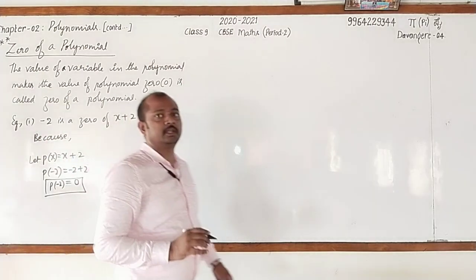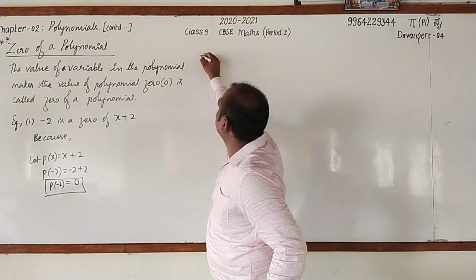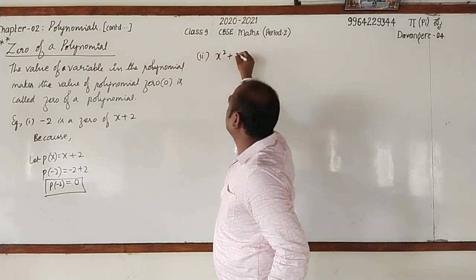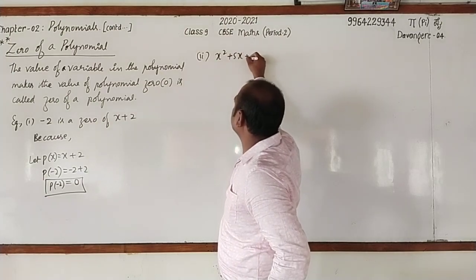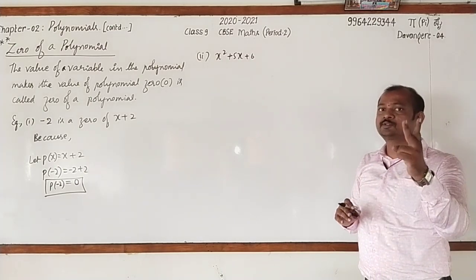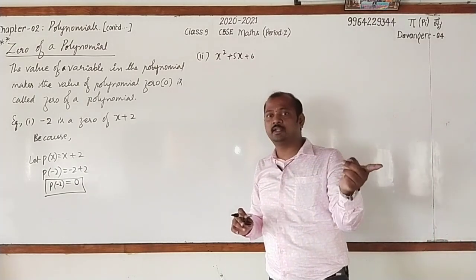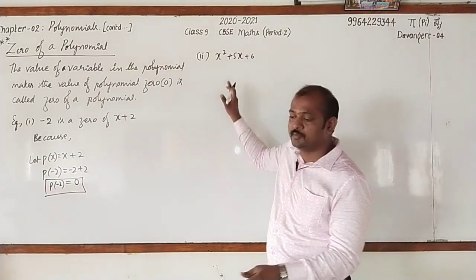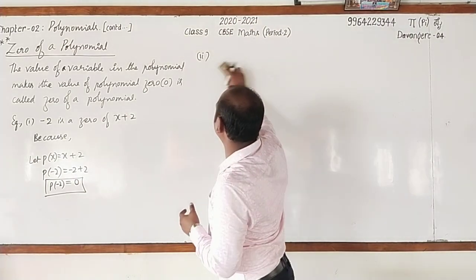Similarly, let me take one more example. Here the second one, you might remember, x square plus 5x plus 6. How many zeros does it have? It has 2 zeros, right? Minus 2 and minus 3. In both cases, the value was 0. I take any one.